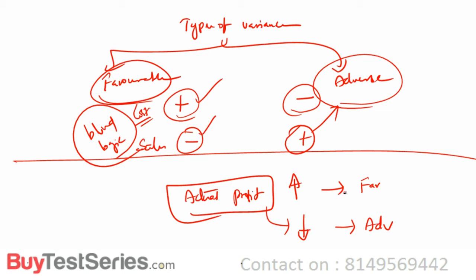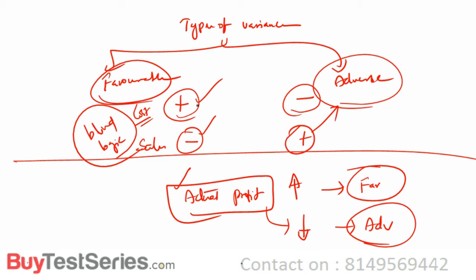You calculate any variance, and then you try to find out the effect on the actual profit. If that variance increases the actual profit, it is favorable. If it reduces the actual profit, it is adverse.